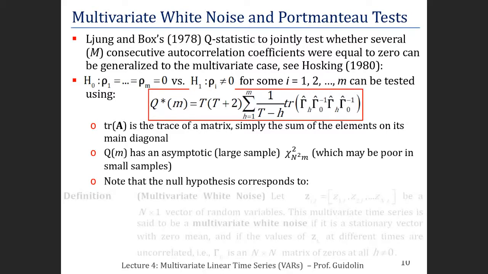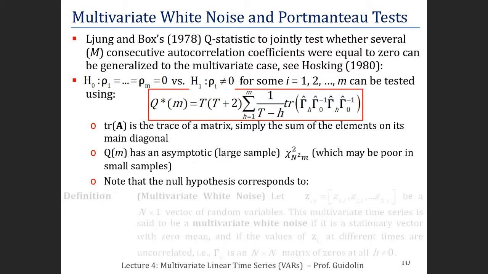So if you want to test that all the correlation matrices, to be precise the cross-correlation matrices, rho 1, rho 2, up to rho m, so you consider m of them, that's so far the same as what we said in the past for the Ljung-Box test, against the alternative hypothesis that at least some of these cross-correlation matrices is different from 0, so it's not a matrix of zeros. The Q statistic can be adjusted to be the mess that you see here.